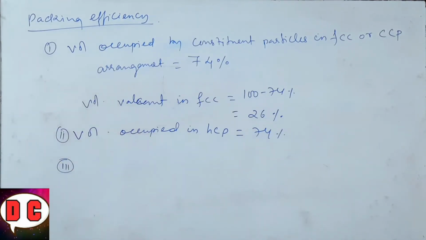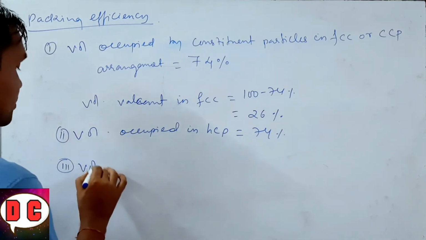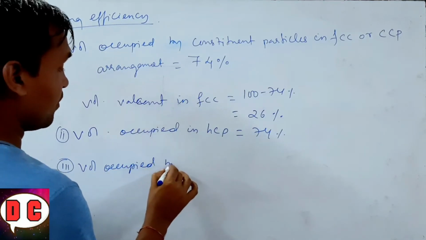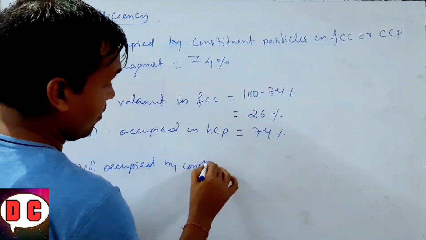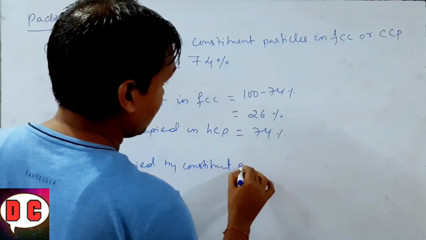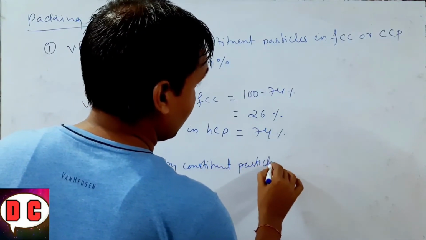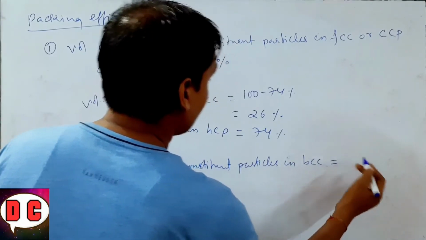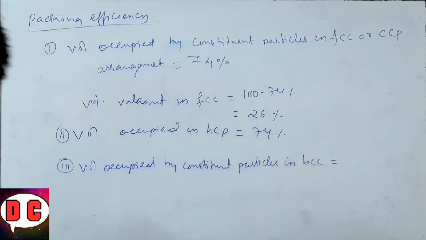Next, the third one is volume occupied by constituent particles in BCC arrangement. It will be equal to 68%.